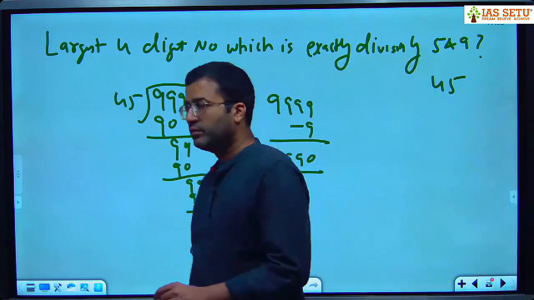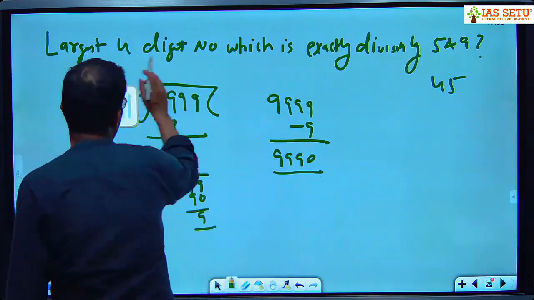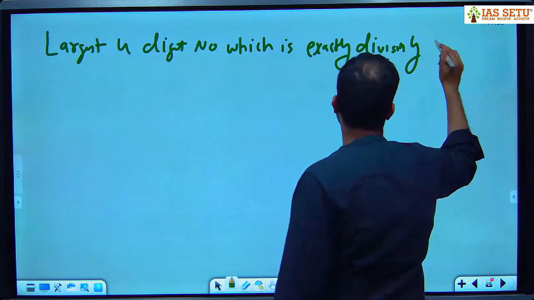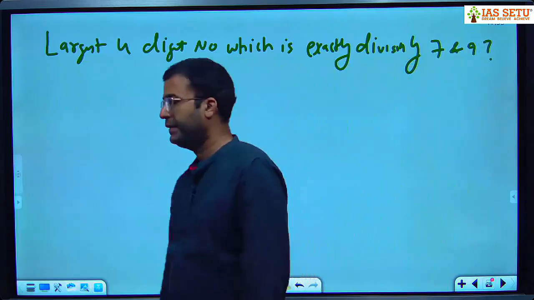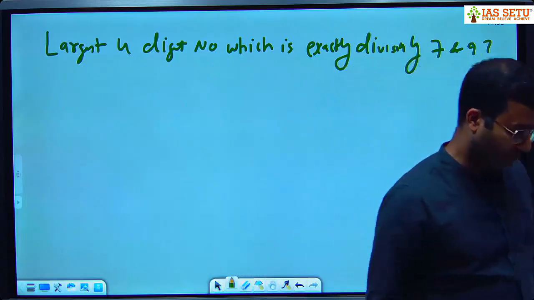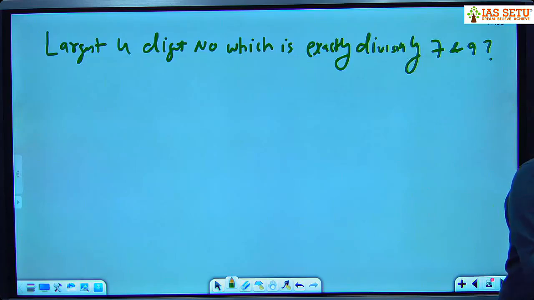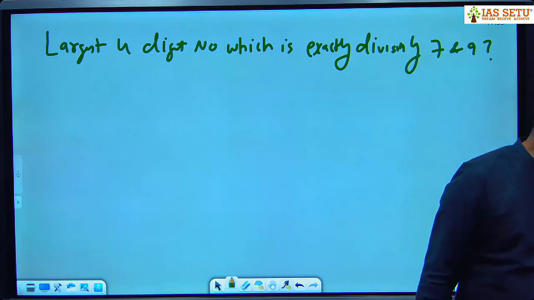One more question where calculation might take time, but you understood the concept. The concept you have understood. Try one question: largest 4-digit number which is exactly divisible by 7 and 9. What could be easier than this?